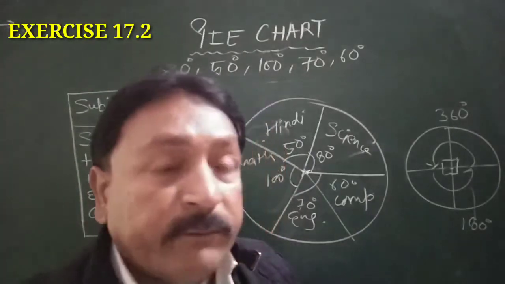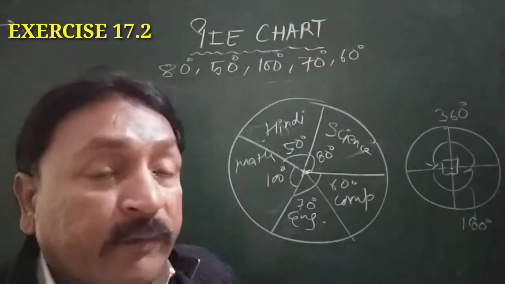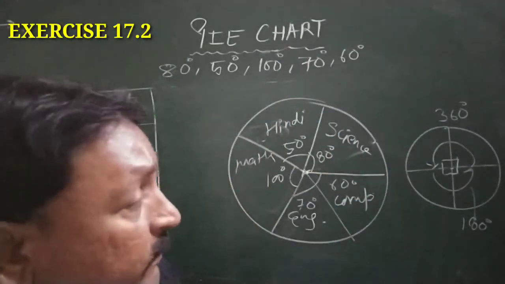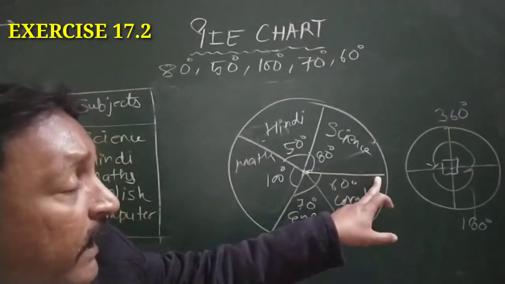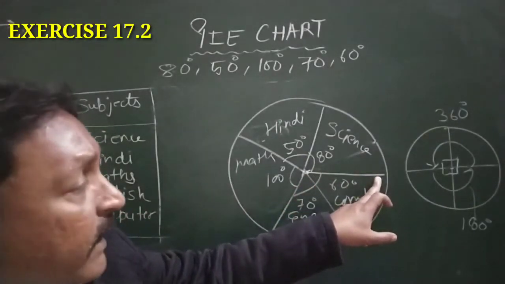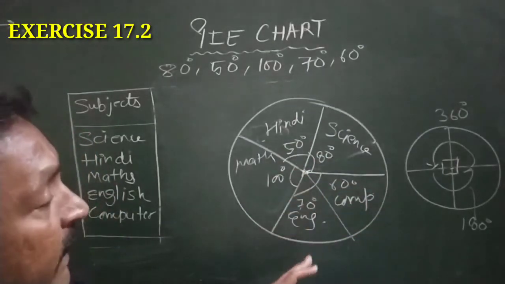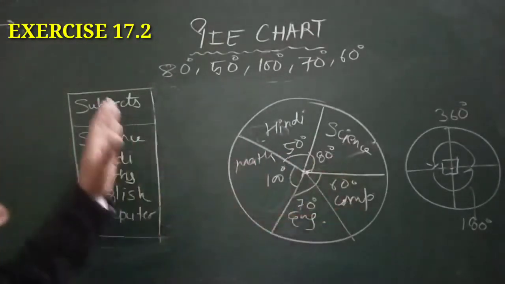First of all, we have to find the fraction, and then we have to find the central angle, and then we make a circle of any radius, and on that circle, first of all, we mark any radius. Then by the help of a protractor, we mark our respective angles, and after marking the angles, we also write which thing each central angle is representing.